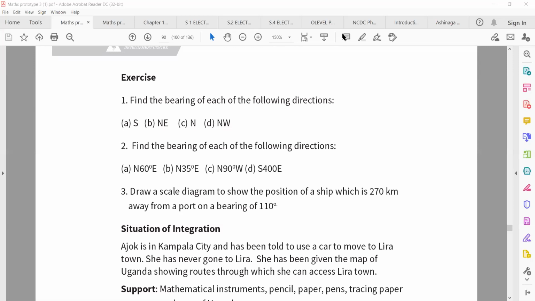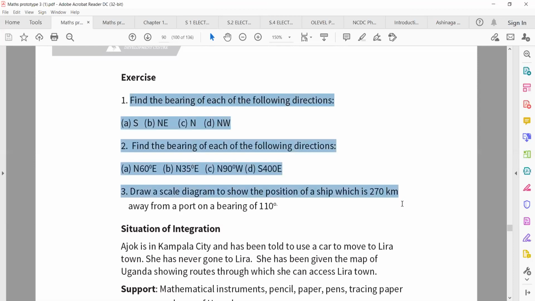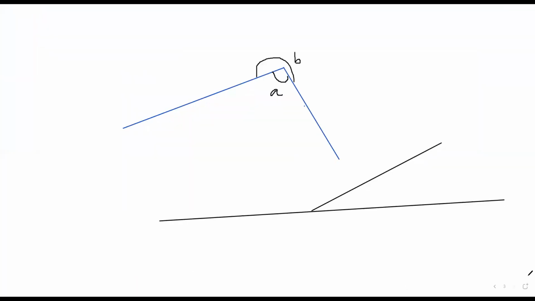Then Favor said she didn't understand how to find the bearing of directions, e.g. the bearing of north, south, and north 30 degrees east. I think those are the questions I had here. So that's the exercise we are having.